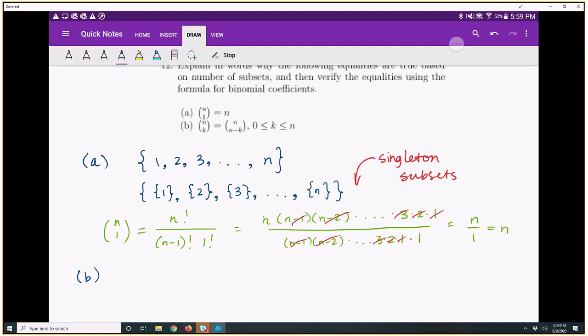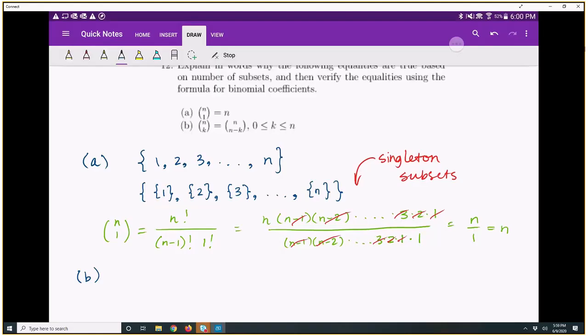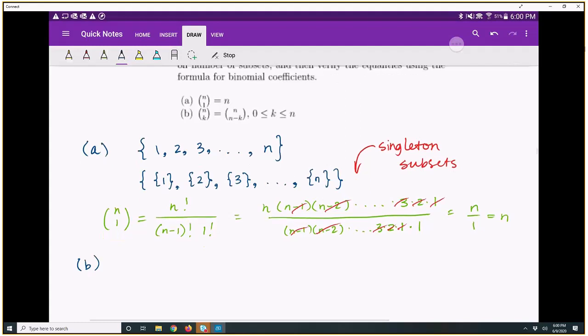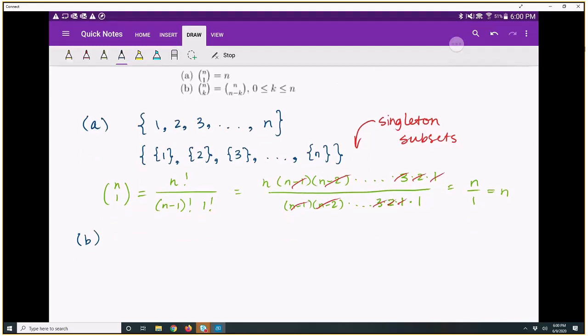So if I've picked k elements to go in my set, then whatever's left over is n minus k elements that are not in my set. So another way of saying it would be how many ways can I choose n minus k elements to not be in my set. Then what's left over is k elements in my set, and there are n choose k many ways.